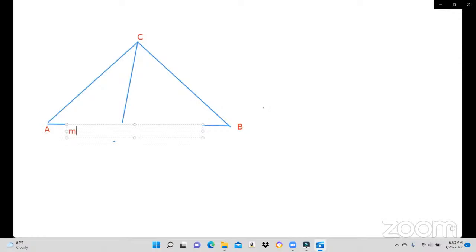So I will put M on this side and N on this side.